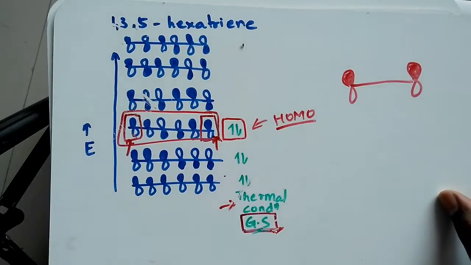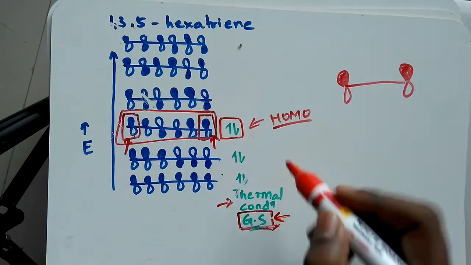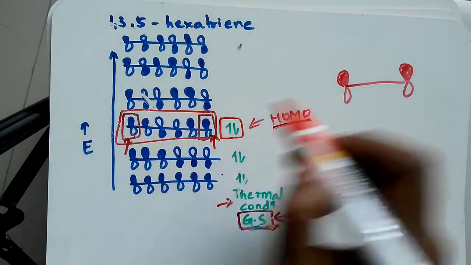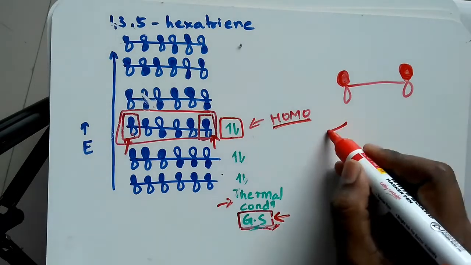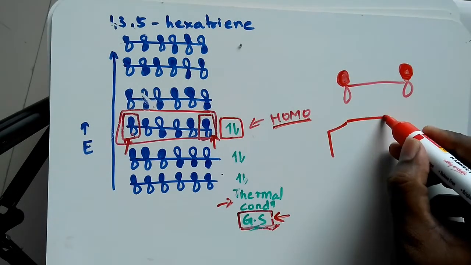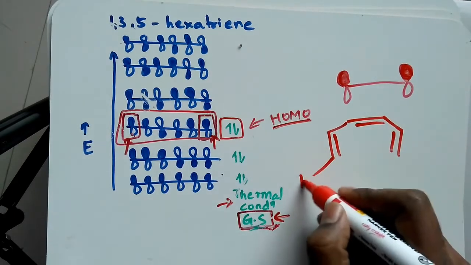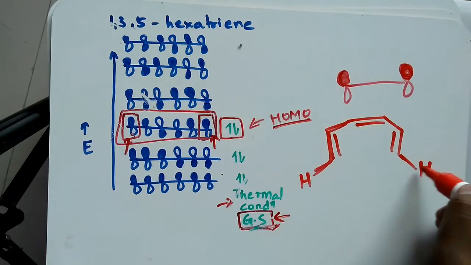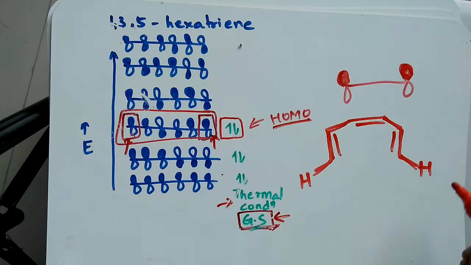In the case of 1,3,5-hexatriene, the ground state, the thermal condition, this is the HOMO. If you are observing the end carbons, the positive phases are on top. If I draw 1,3,5-hexatriene in this part, the hydrogens were trans, as I mentioned in the question.